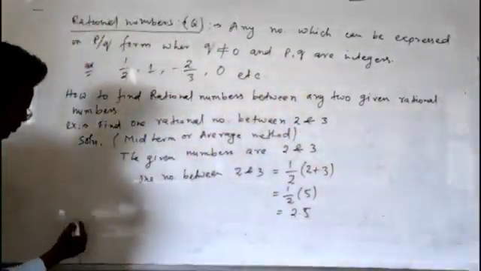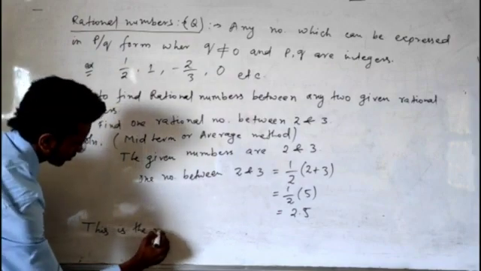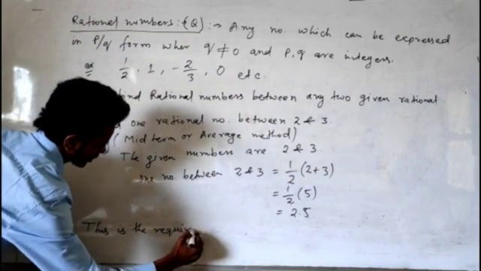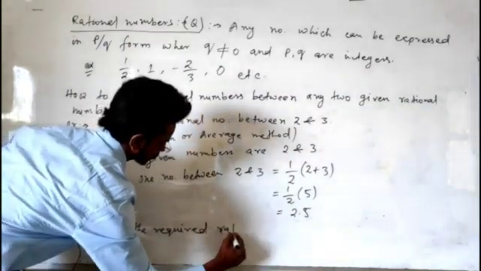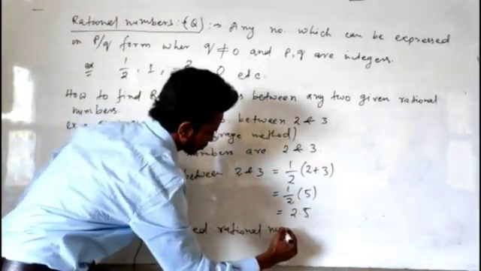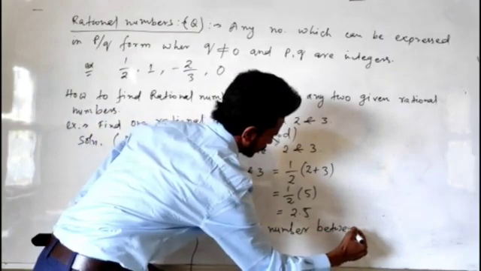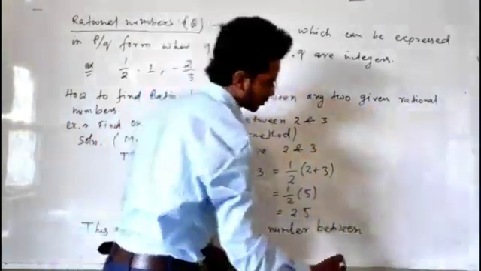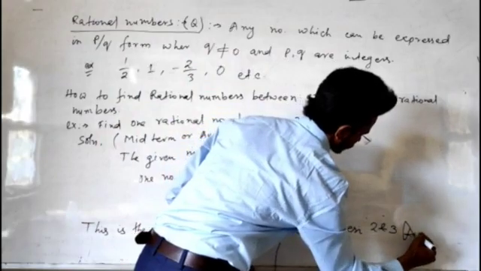This is the required rational number between given two rational numbers 2 and 3. This is called now answer.